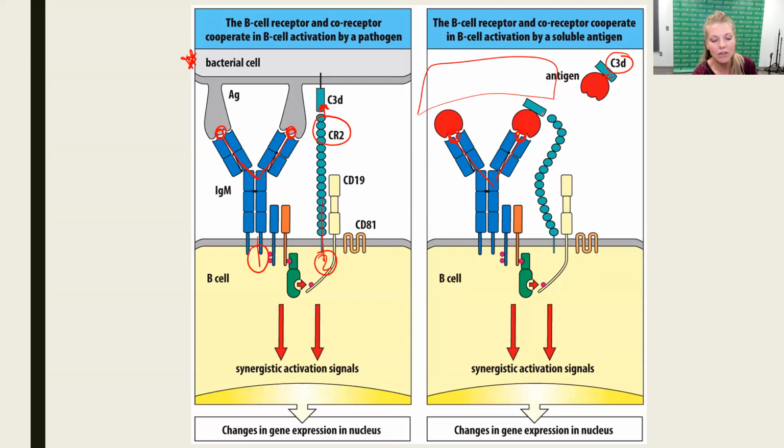And this C3, or this complement, the CR2 will recognize the complement protein. And so you still get the secondary binding. So you have the one binding here, and the two binding there, and then those signals together will allow for a change in gene expression to allow B cells to become fully activated.